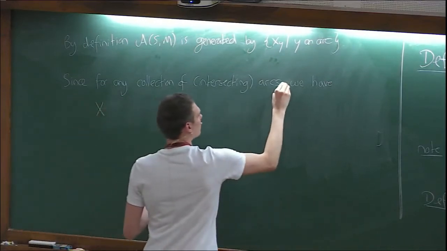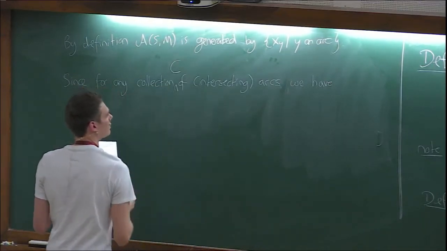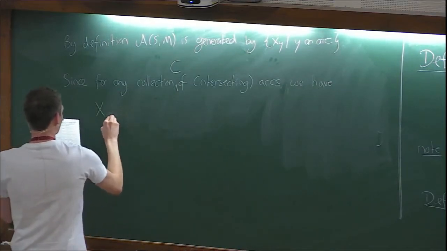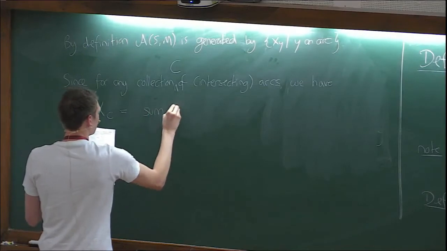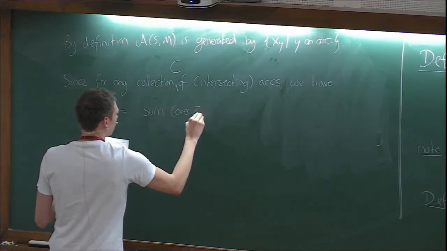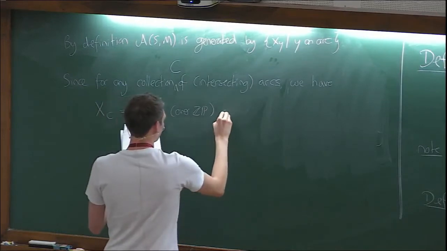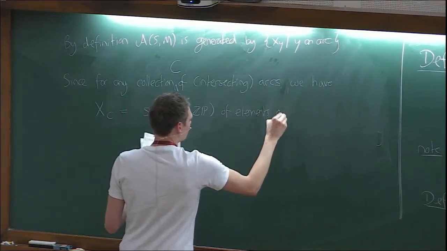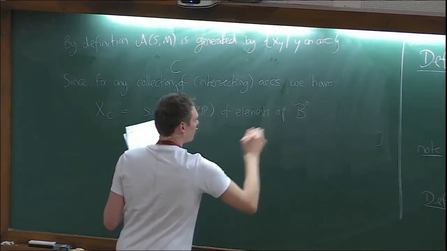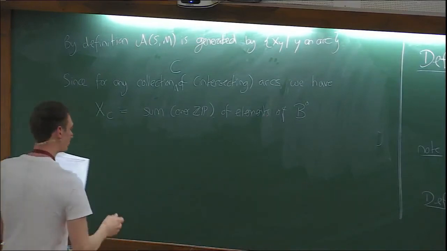so arcs for any collection C, we have x_C equals the sum over the coefficient ring of elements of B circ by repeated application of smoothing and scheme relations.